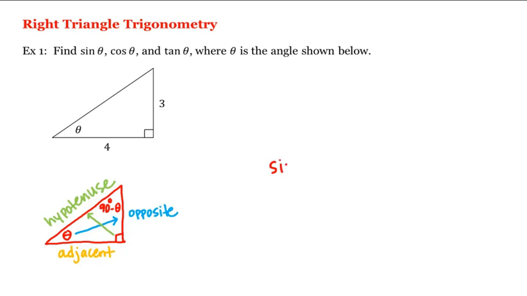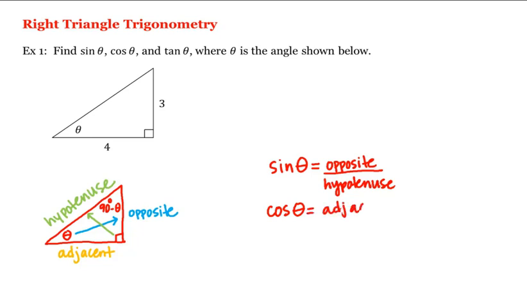So we have that the sine of theta, sin is short for sine, is equal to the opposite side divided by the hypotenuse. The cosine of theta, and cos is short for cosine, is equal to the adjacent side divided by the hypotenuse.